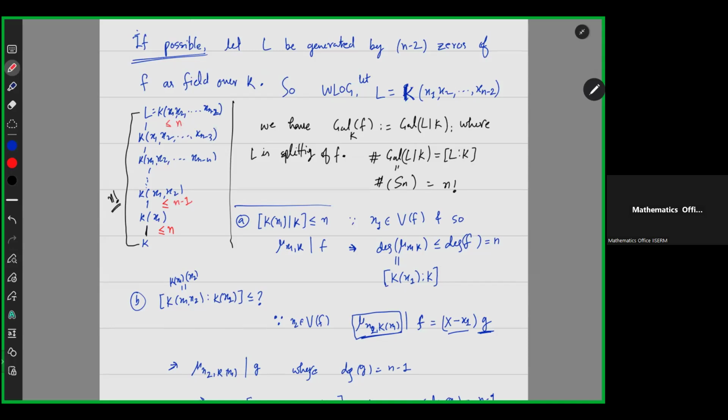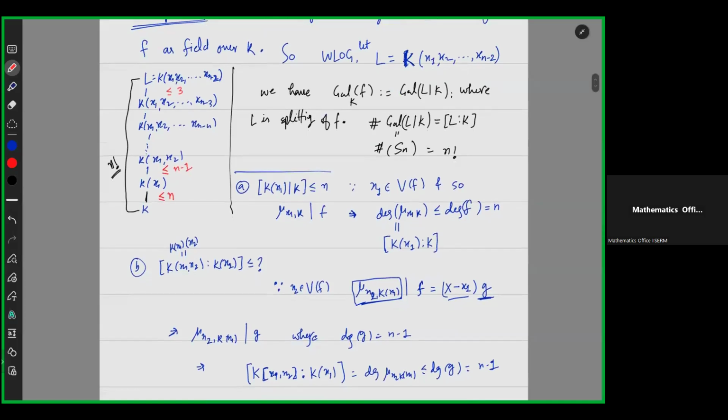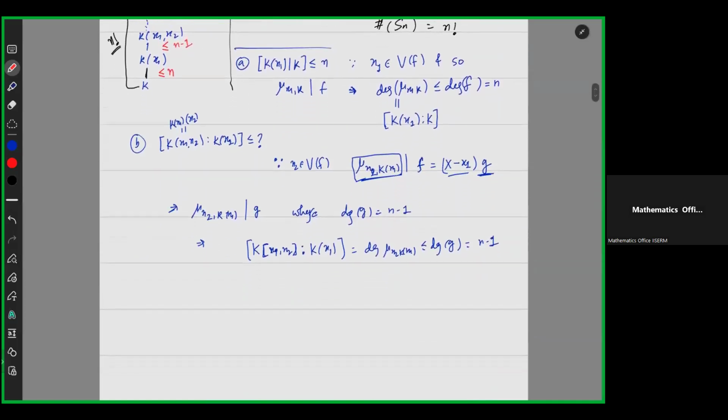So what is the relation between them? This one is n, and then n minus 1, n minus 2, n minus 3. So this is less than or equal to 3, right? Okay, so what is the total? This is a contradiction, right?